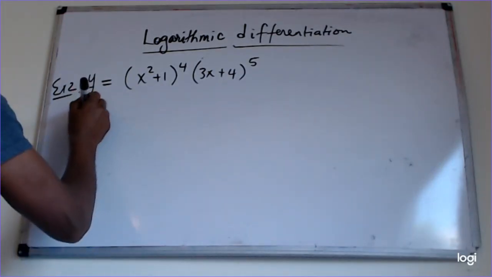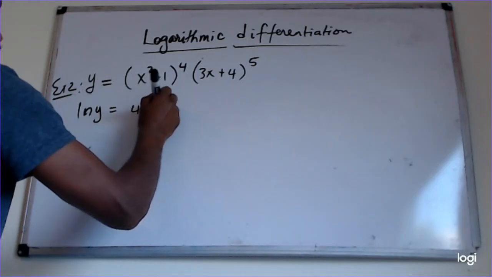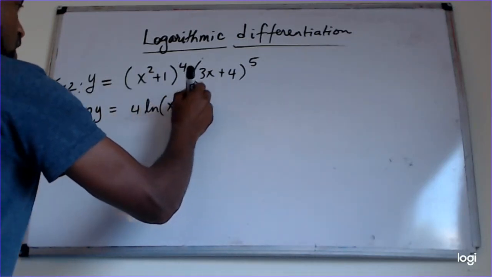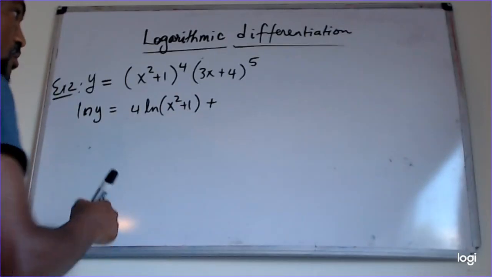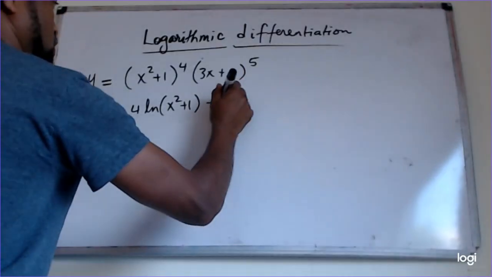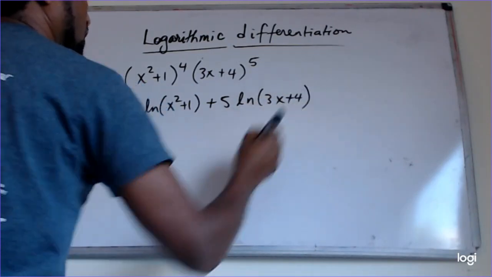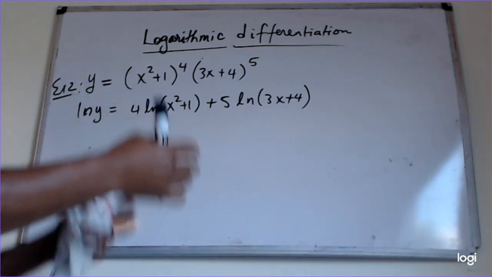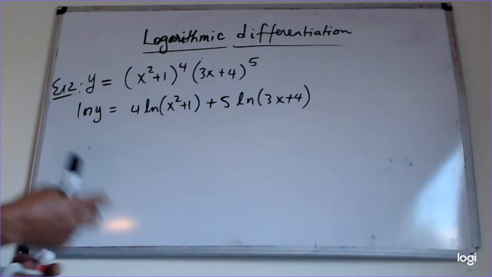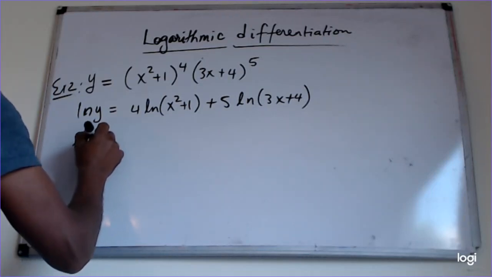Well, if I take the natural log of y, this will be 4 times the natural log of x squared plus 1 plus, remember, when I take the natural log of the product, it becomes a sum, so 5 times the natural log of 3x plus 4. Remember, this is applying the background knowledge of the rules of logarithm. So that's going to be natural log of y.